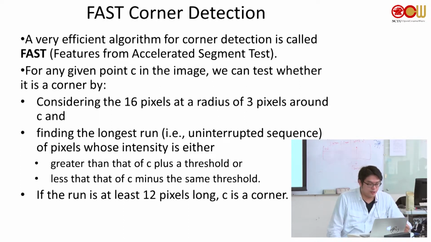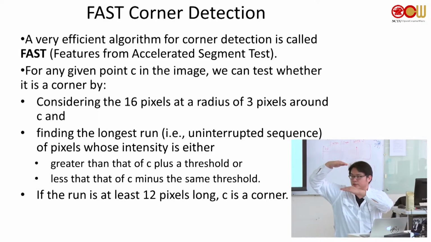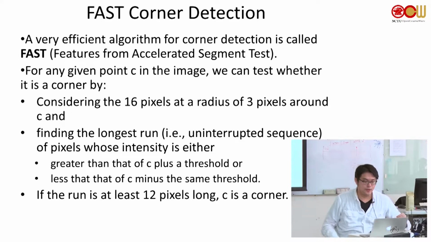The testing starts by finding the longest run of pixels whose intensity is either greater than C plus a threshold or less than C minus the same threshold. Suppose you have a black pixel in the center, and you start to loop through those 16 pixels. For example, if the pixel in the 12 o'clock direction is within the threshold plus or minus, then we will set a count.